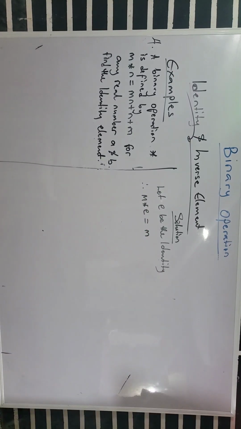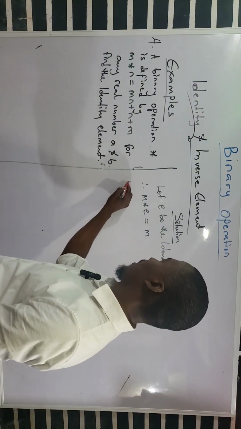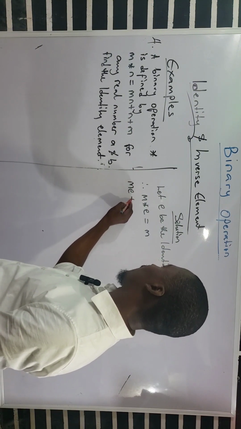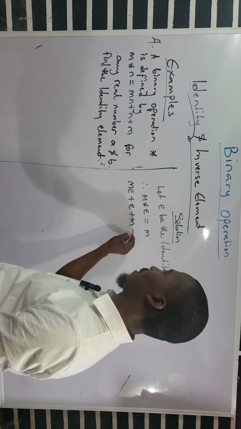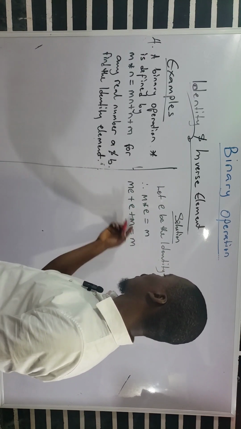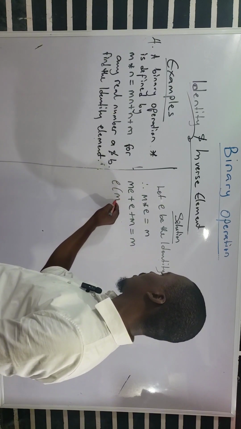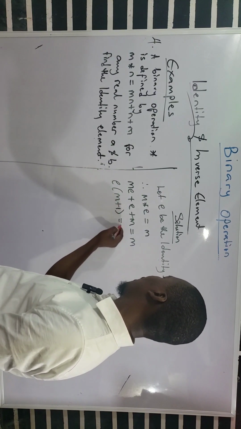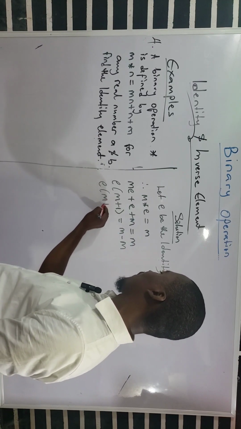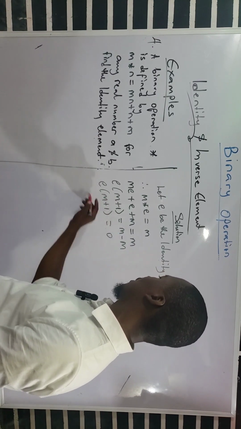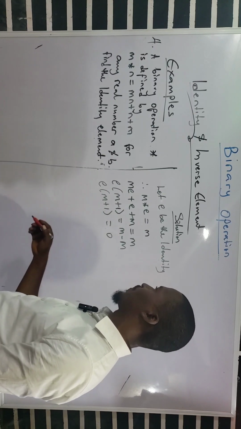Okay, so solving that, we have that ME plus E plus M equals M. So collect like terms, E times (M plus 1) equals M minus M. So E times (M plus 1) equals 0. Divide both sides by M plus 1.